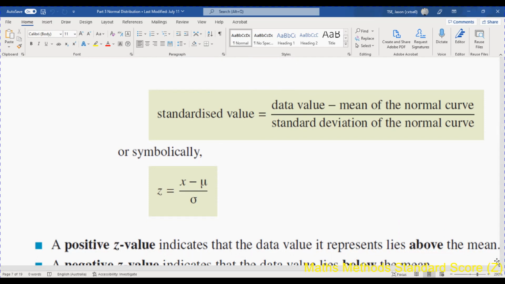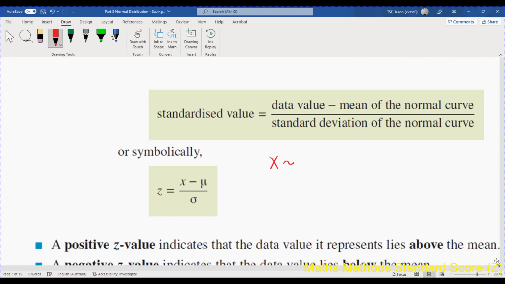When I write n, that means a normal distribution. Sometimes you can write a few more words: normal distribution with mean and standard deviation. That's the way we say a random variable belongs to a certain distribution. All right. And how about z? Now z belongs to a normal distribution, which is standard normal. So mean equals 0, standard deviation equals 1.